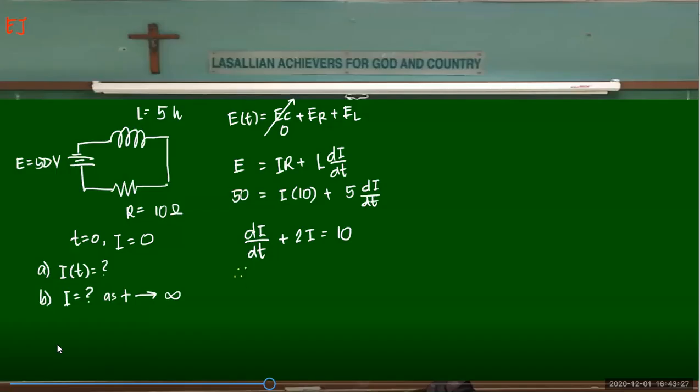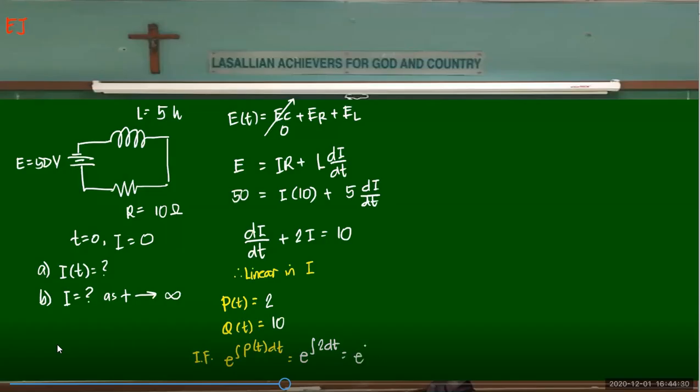So it is linear in I. If it's linear in I, you have a P, you have the Q, and the integrating factor, e to the integral of P. Now, P of what? Q of what? P is 2. What about the Q? Q is 10.